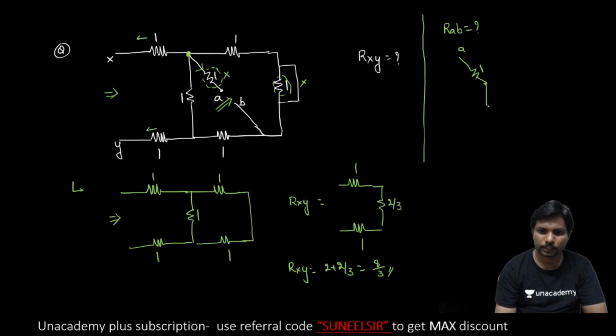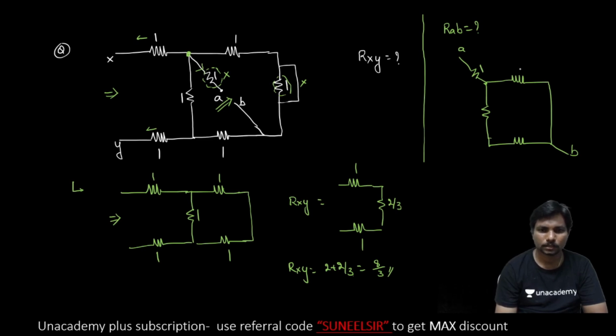I am going to take this resistor, and here this resistor. This resistor is parallel to the short circuit, so you can eliminate that one. So you have it like this. Here, if you bring B outside, you get B here.